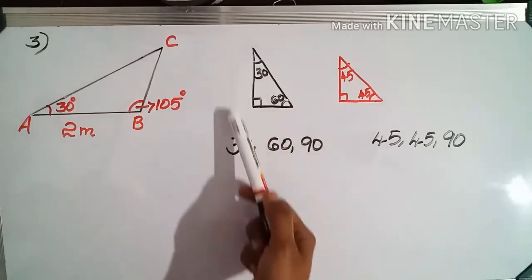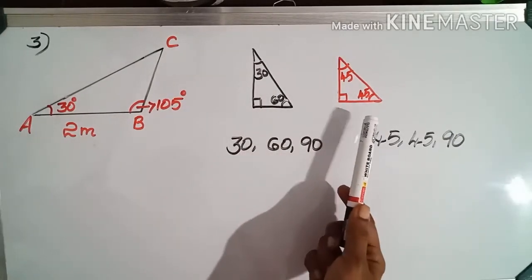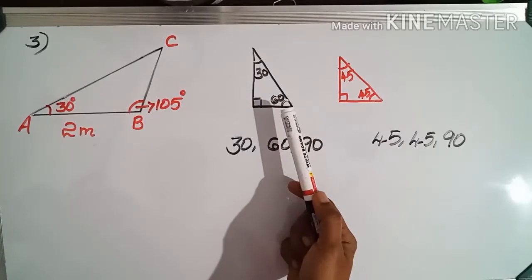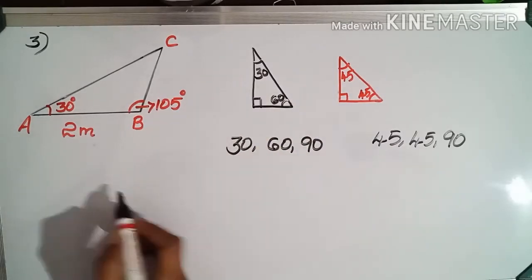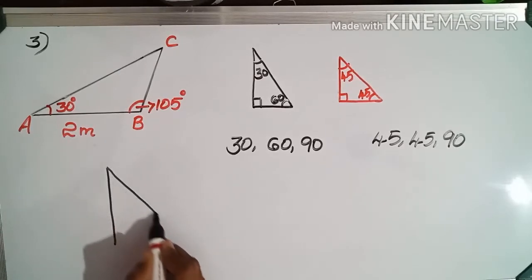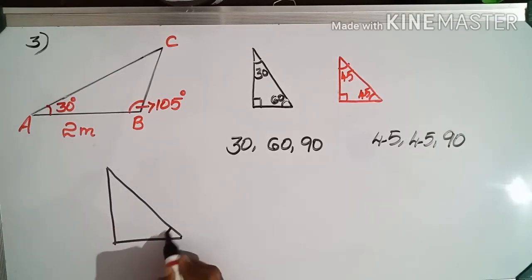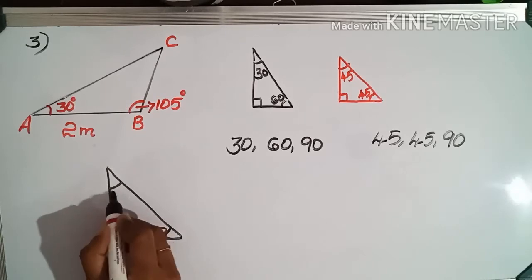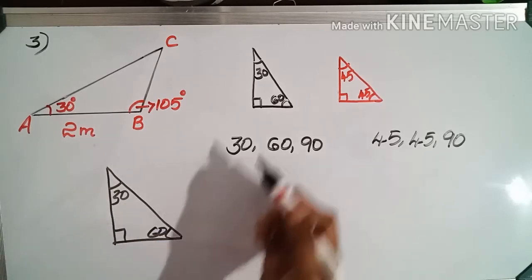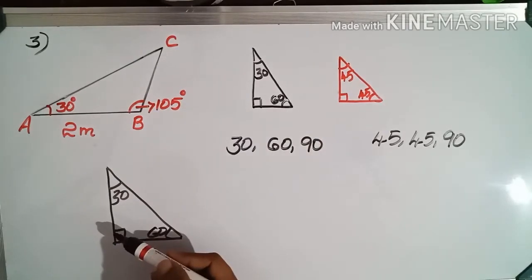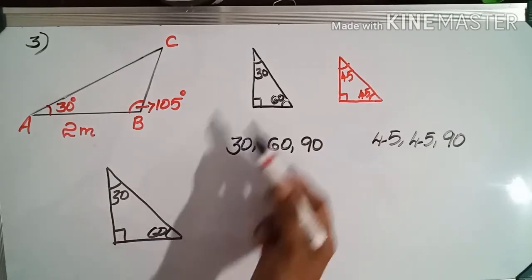Whatever the sides of these types of triangles, if the angles are the same, for example if the triangle is a large one like this, but the angles are the same, 60 here, 30 here, then 90 degree here. Measurement-wise these two are different but angles are the same: 30, 60, 90.